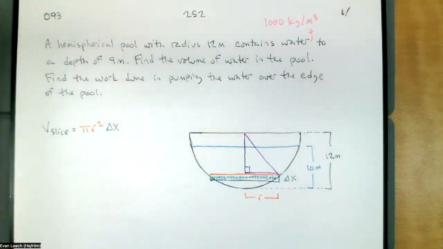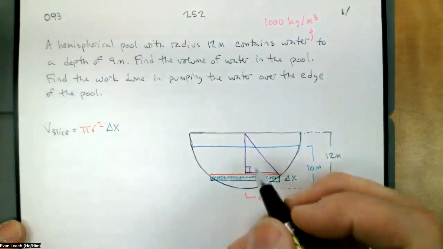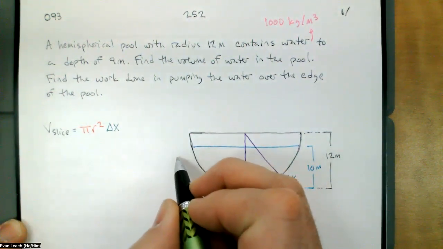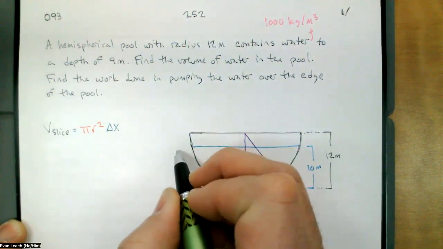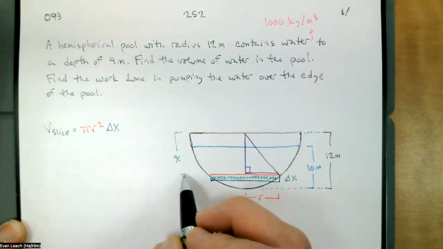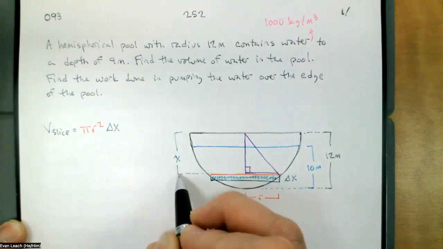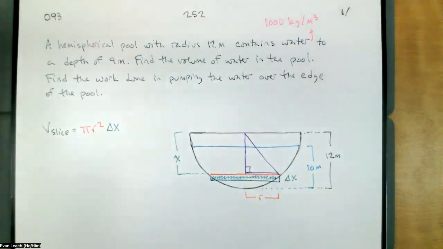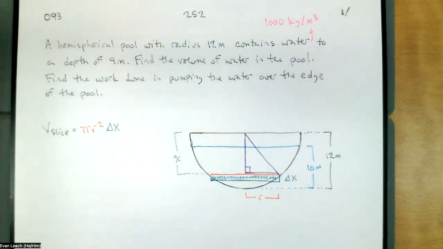We need to define our variable x, and there's nothing to stop us from making x the most convenient thing in this case. So x will be the distance from the top of the bowl to the slice. So make x the leg of that triangle, then x squared plus r squared equals 12 squared.